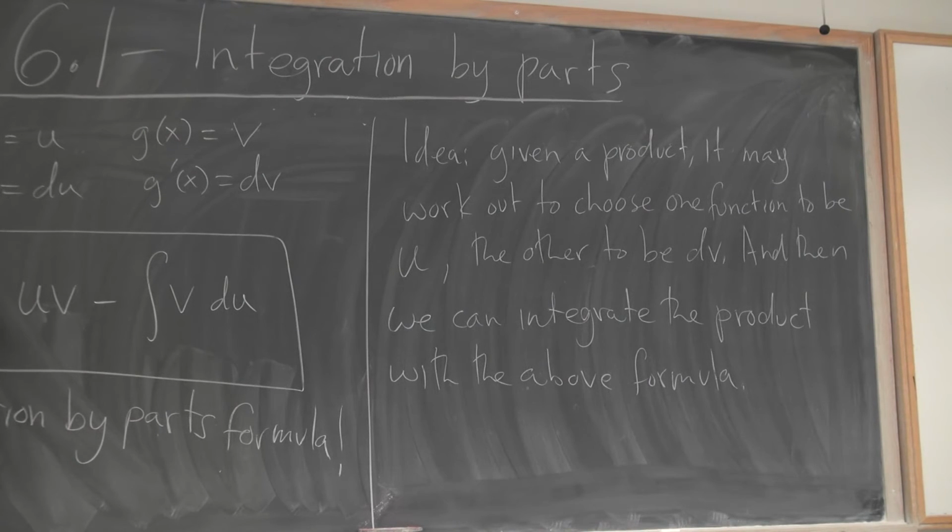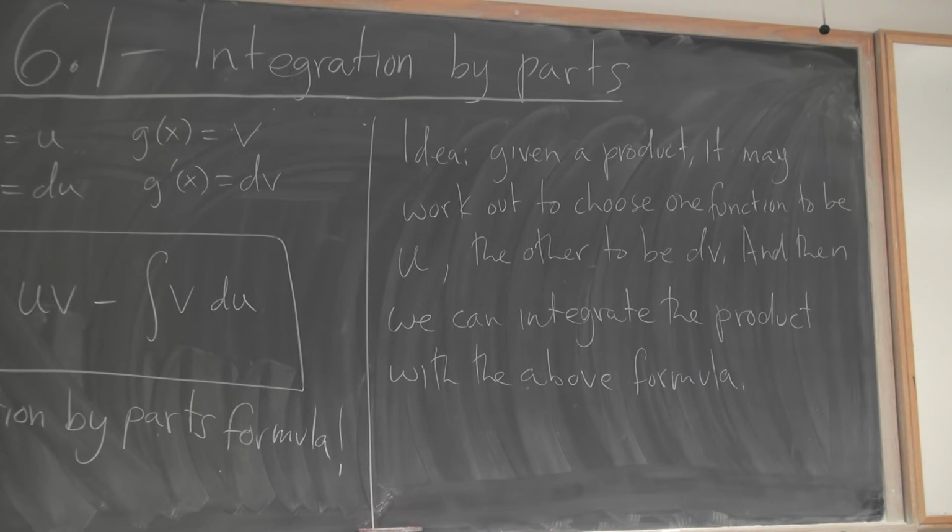So now I have this side. If this is my u, then what's my du? 1 dx. If this is my dv, what's my v? I anti-differentiate, right? So that's just e to the x. This means that the integral of x e to the x dx is u times v, right?